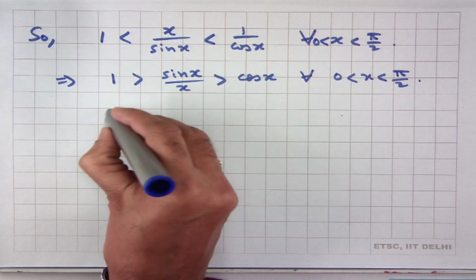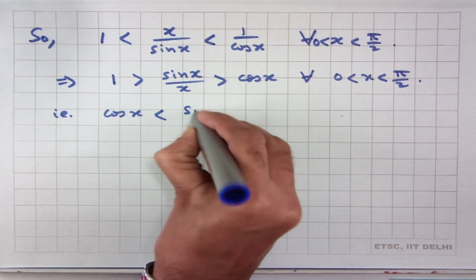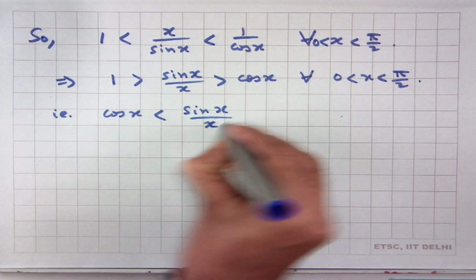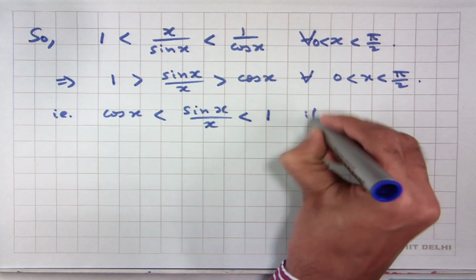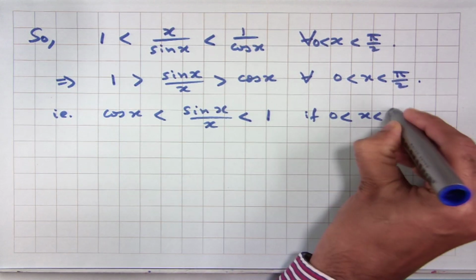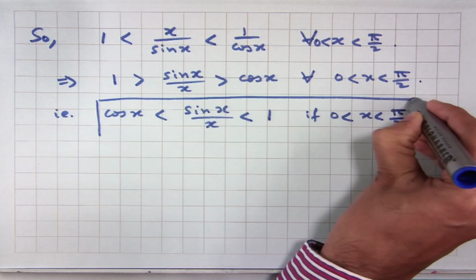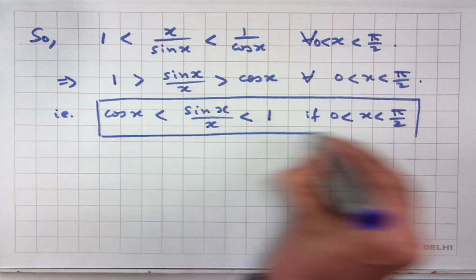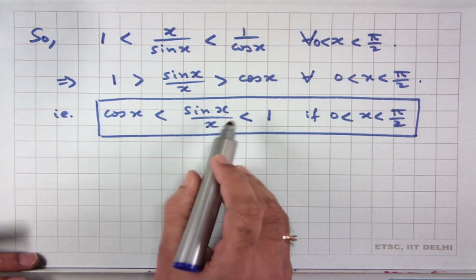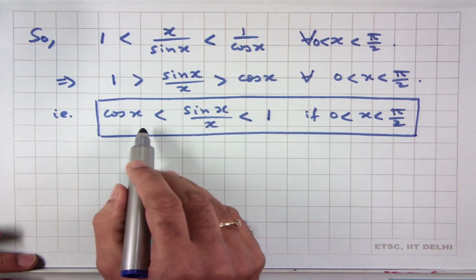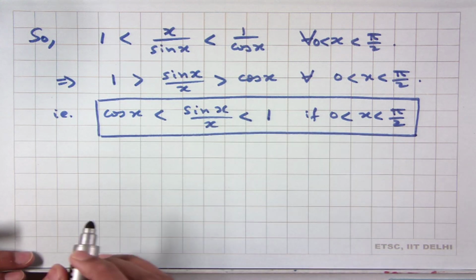Let me write this again, cos x is less than sin x by x, which is less than 1, if 0 is less than x is less than pi by 2. Right. What we were looking for is the limit of sin x by x. What we did is, we have found that sin x by x is between cos x and 1 for all x between 0 and pi by 2.